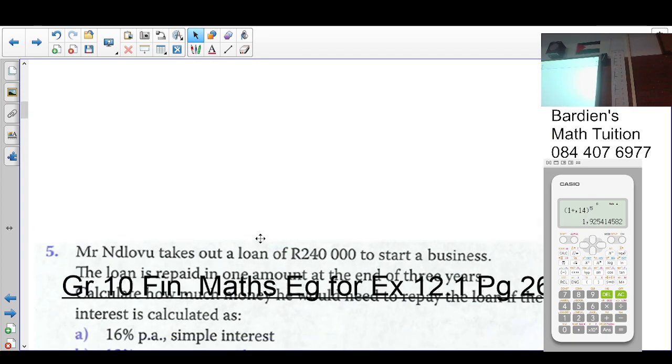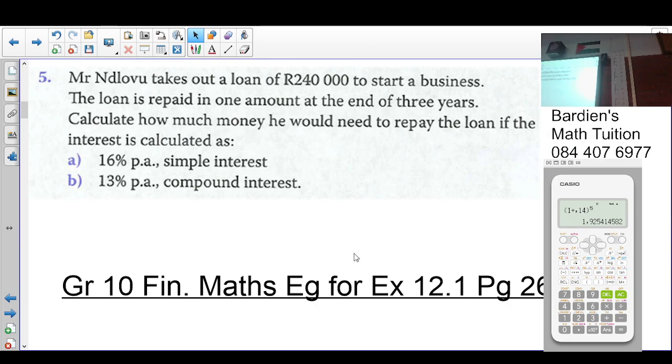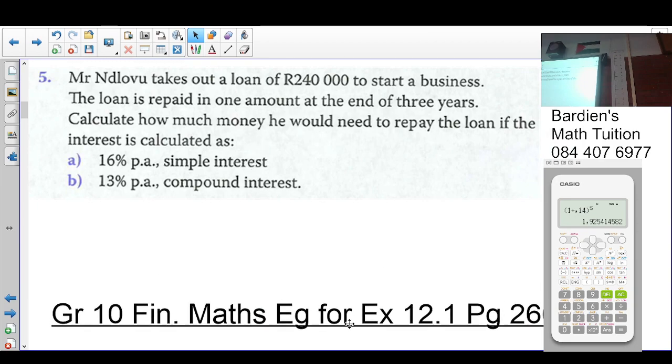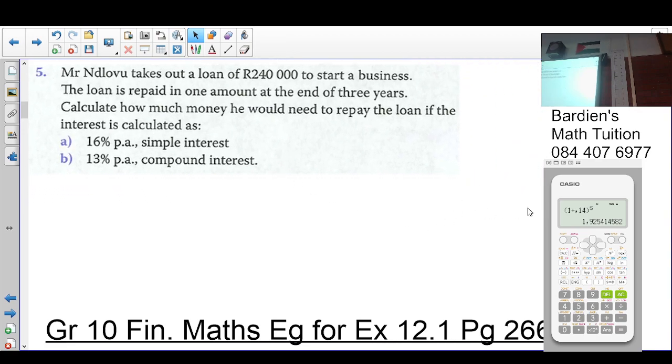Number 5. We are told that Mr Ndlovu takes out a loan of 240,000 rand to start a business. The loan is repaid in one amount at the end of 3 years. Calculate how much money he would need to repay the loan if the interest is calculated, in the first case, as 16% simple interest.